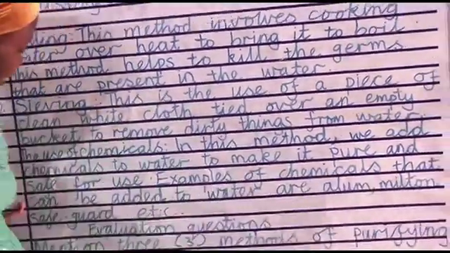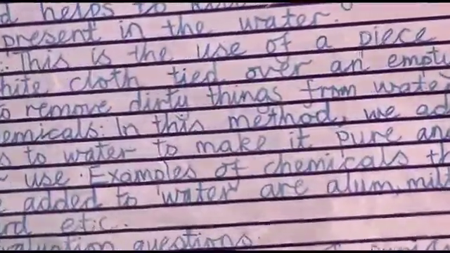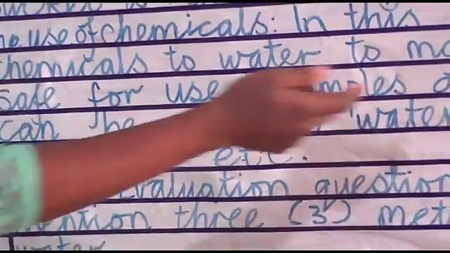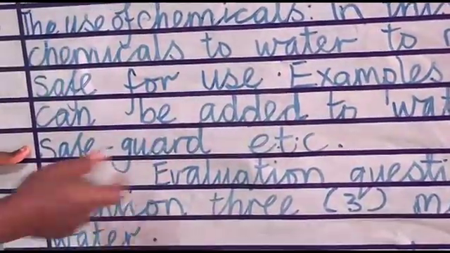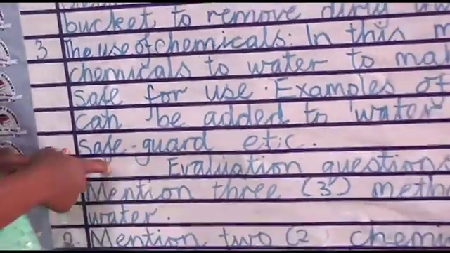Examples of chemicals that can be added to water are alum, Milton, and safeguard. Very good. These are the 3 chemicals that we have here. We have others, etc.